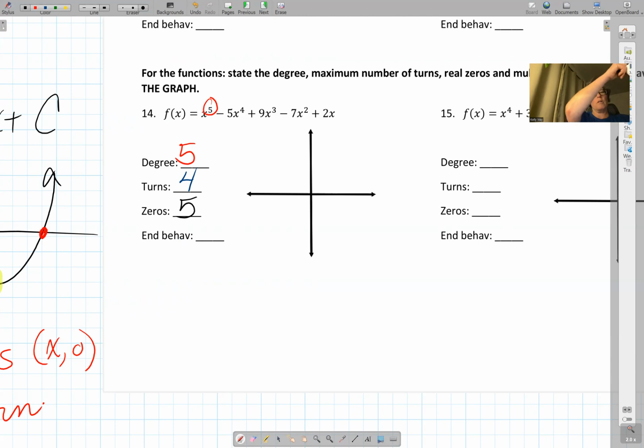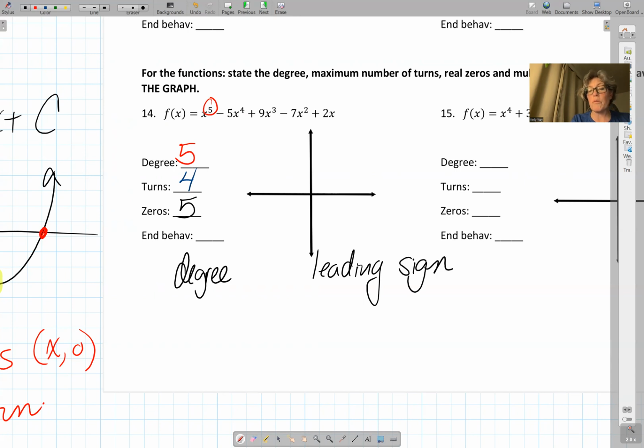get my notes here. Here is a summary of the end behavior. And the end behavior is dependent on the degree as well as the leading sign of the coefficient.